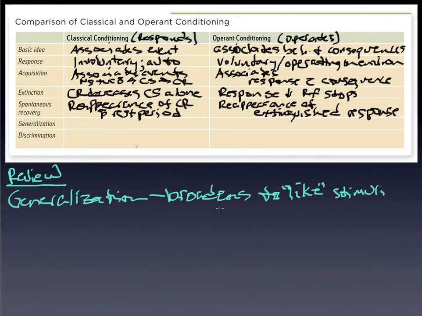And generalization occurs all the time. You look at a steering wheel, whether it's 4 inches across or a regular size steering wheel, you still would call that a steering wheel. So what we're talking about in generalization is the tendency to respond to stimuli similar to the conditioned stimulus.